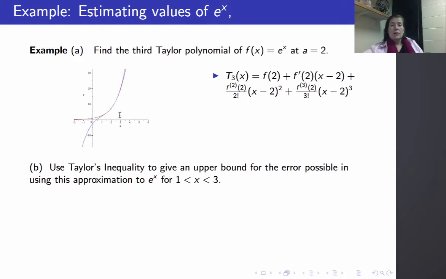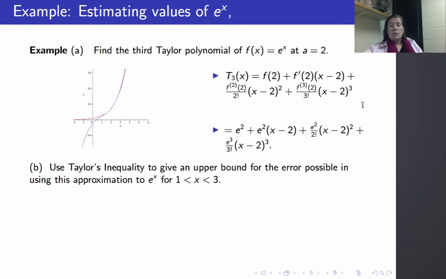In fact, at 0, the value of T3 of 0 here is negative. So this third degree Taylor polynomial is going to be a good approximation to our function in intervals centered at 2, as opposed to intervals centered at 0, which we were looking at before.